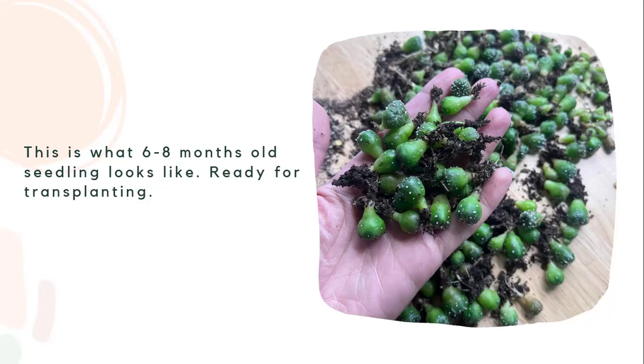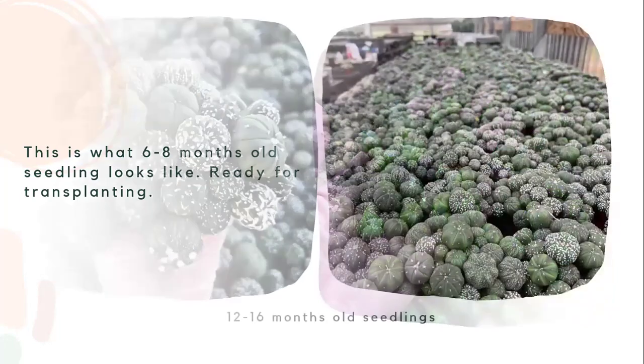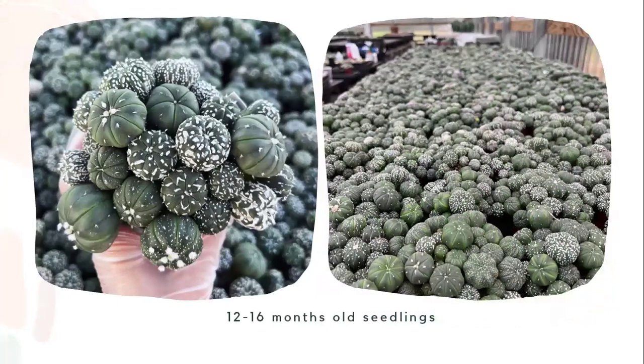Because if you replant them too early, they're just going to melt. And this is the 12 to 16 months Astrophytum asterias. So yeah, call me crazy, but I grow that much Astrophytum asterias.